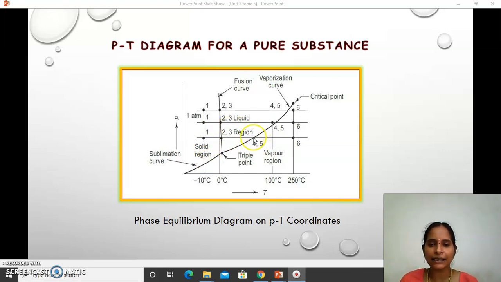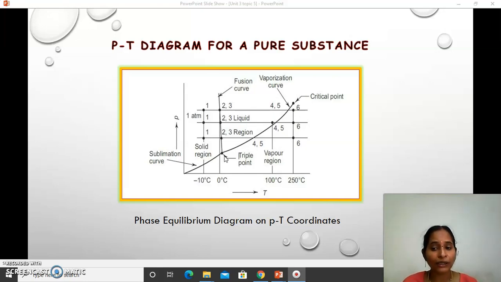These curves are equilibria between two phases, but the triple point is the point where, whether you keep ice or water or water vapor, whatever phase it may be, at the specified triple point temperature for water of 0.01 degree Celsius and pressure of 0.611 kilopascal, all water, ice and water vapor will exist in equilibrium, right?